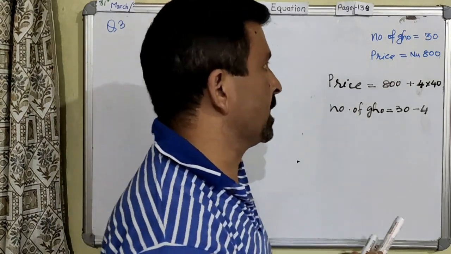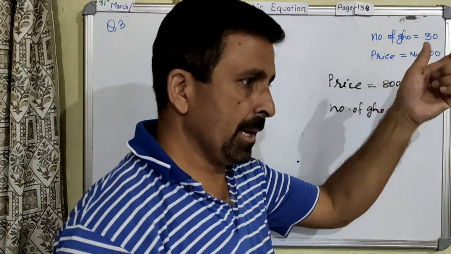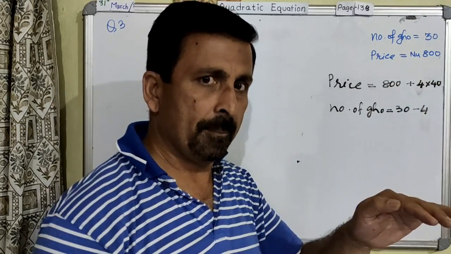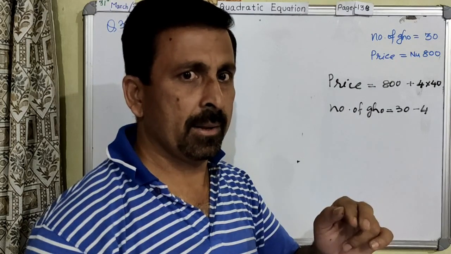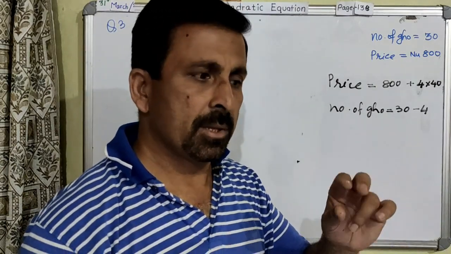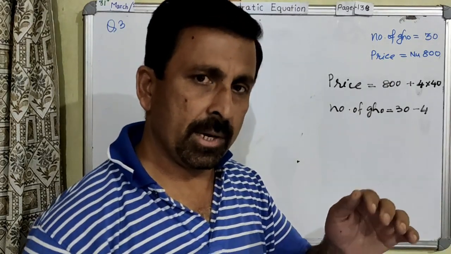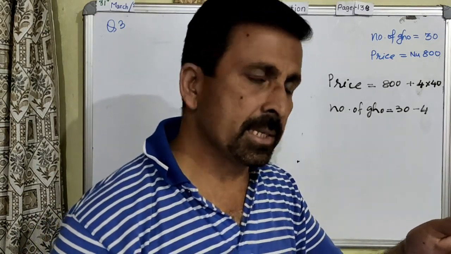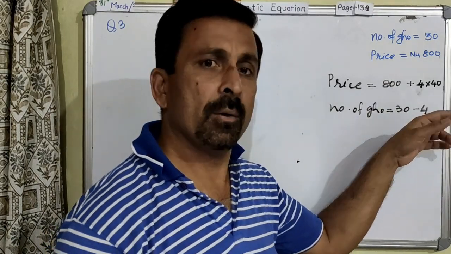This is the meaning of the statement given in the question. For every 40 rupee increase, every time you increase the price by 40 rupees, the sale will decrease by 1. So 1 times the 40 rupee increase means sale will decrease by 1. 2 times the 40 rupee increase in the price, the sale will decrease by 2. 3 times, decrease by 3. 4 times the 40 increase in the price will decrease the number of sales of the hoe by 4.